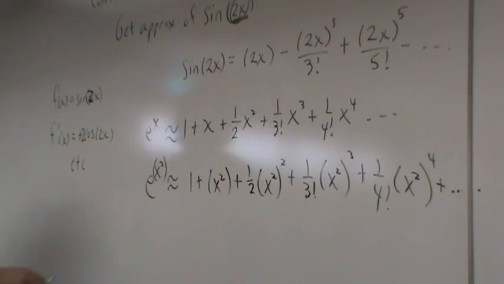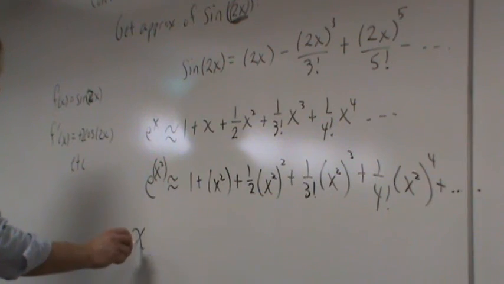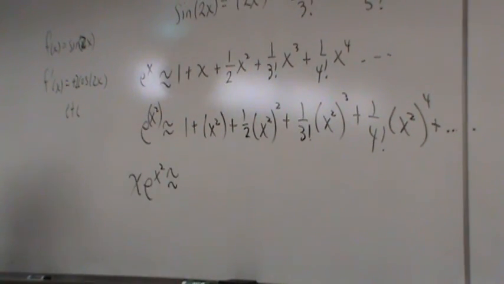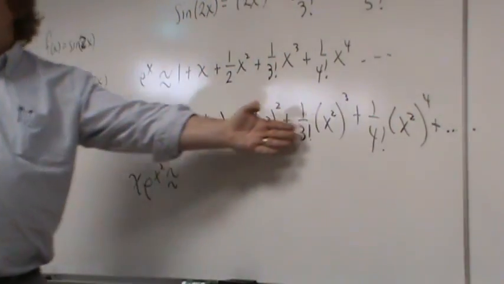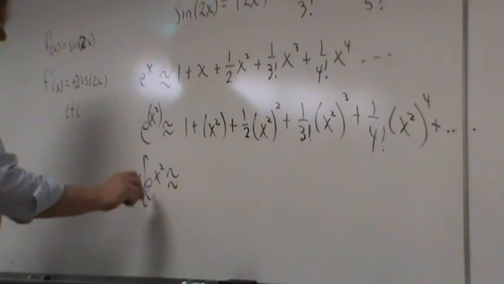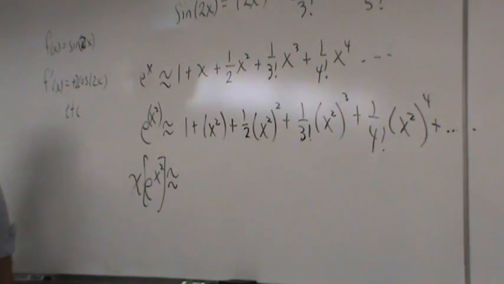And then finally, the last thing, what if someone wanted x e to the x squared? Well, we got e to the x squared. How am I going to get x e to the x squared? What would you recommend I do now?